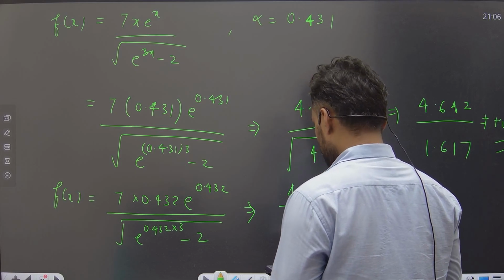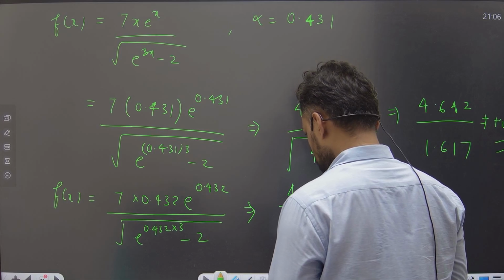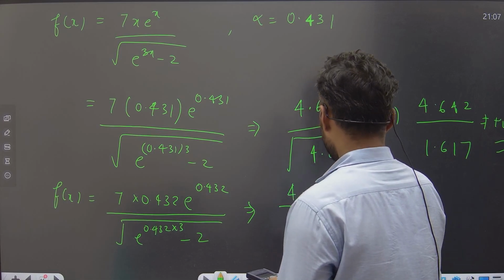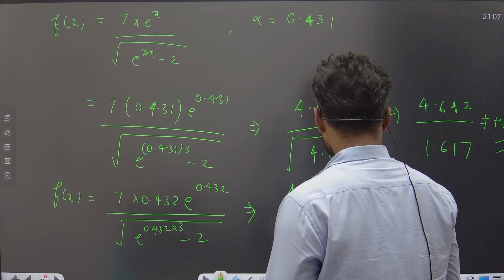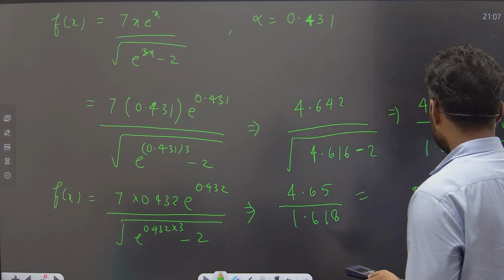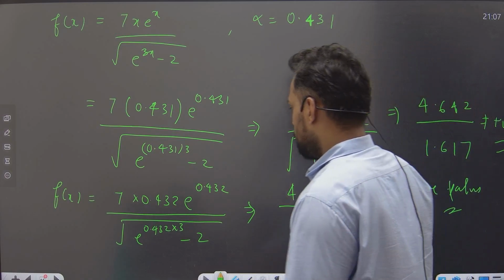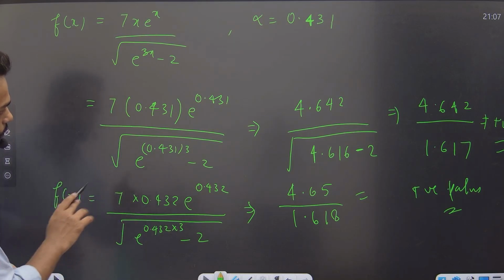We are getting 2.62, and under the root we are getting 1.618. So again we are getting the positive value. So this is also a positive value, student. So alpha will be positive here also.